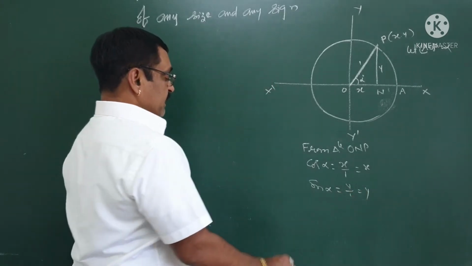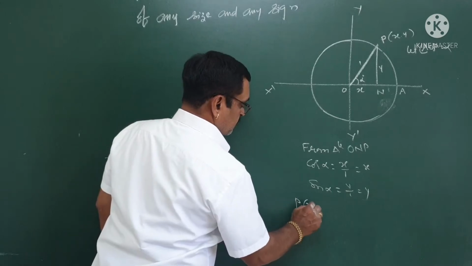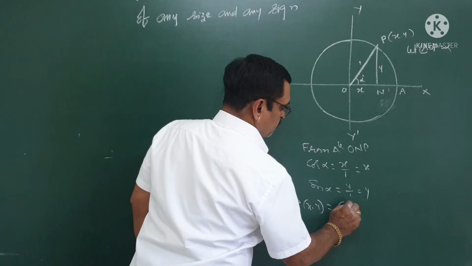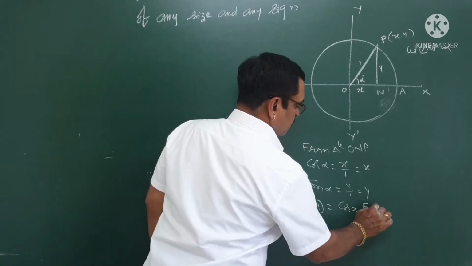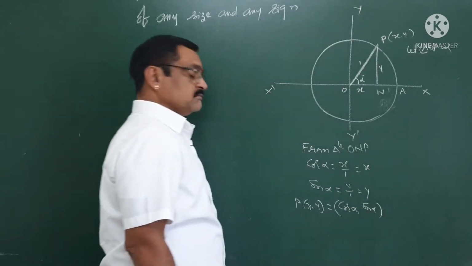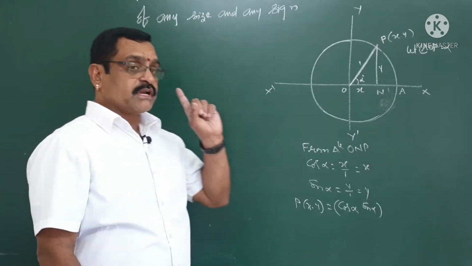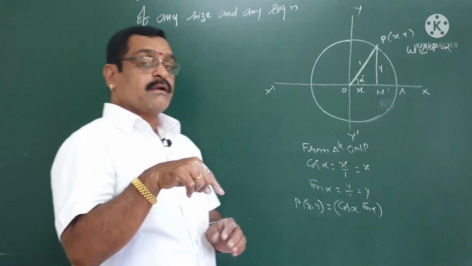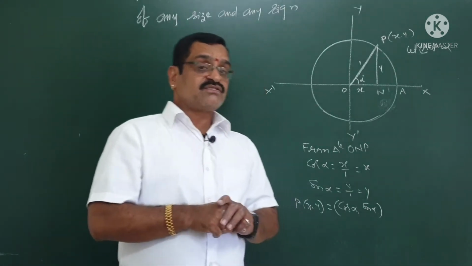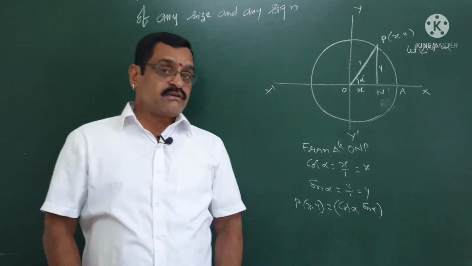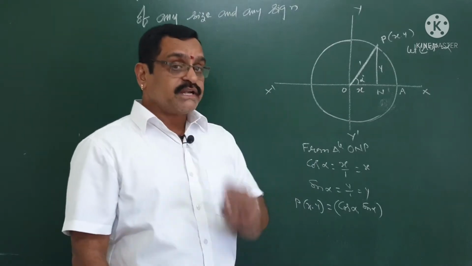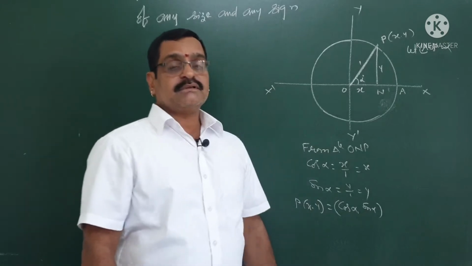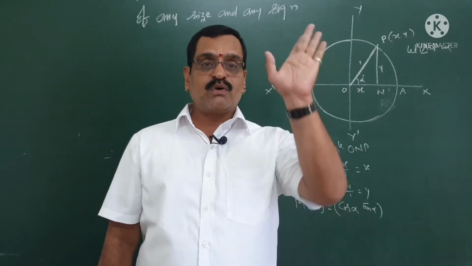That means the point P(x, y) is equal to (cos alpha, sin alpha). P is a point on the unit circle, OP is making alpha degrees with the positive x-axis in the positive direction. Then the coordinates of that point can be written as cos alpha and sin alpha. This is very, very important.